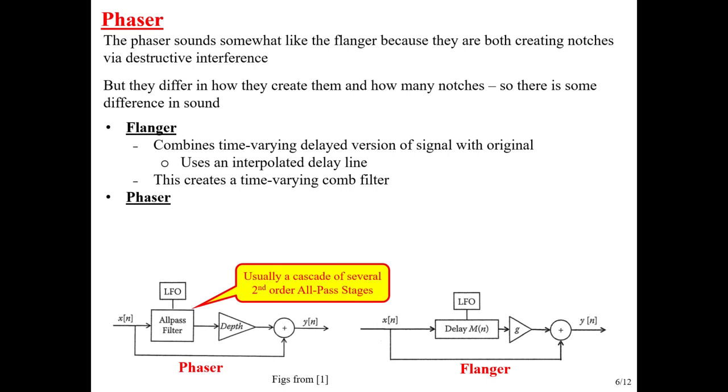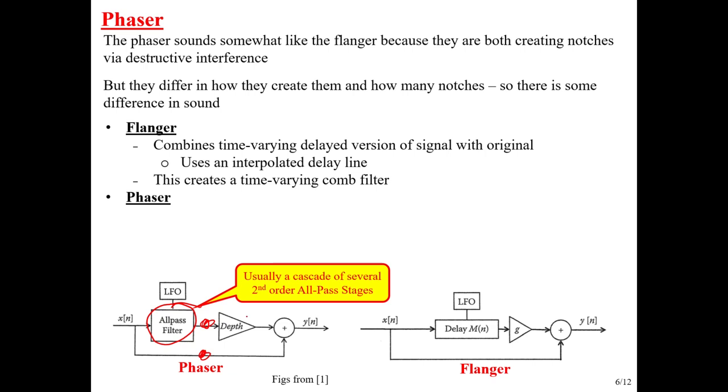A phaser, on the other hand, replaces this delay line with an all-pass filter. And in fact, it's usually a cascade of several stages of all-pass filters, and usually those stages are second order, and we'll see why. But the idea is that at frequencies where this filter will give you 180 degrees phase shift, or any odd multiple of 180 degrees phase shift, then the signal here and the signal here are perfectly out of phase at that frequency.